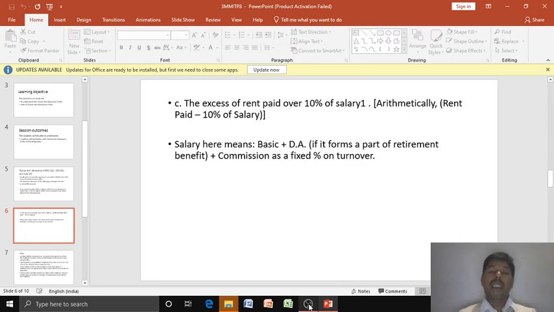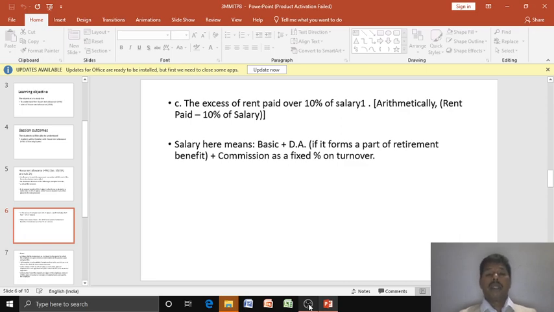When you are computing salary, in case the house is situated in a metro city, you have to consider 50%. If the house is situated in other cities, you have to consider 40% of the salary. And first you have to compute rent actually paid by the employee to the owner of the house. Sorry, owner of the house, not employer.